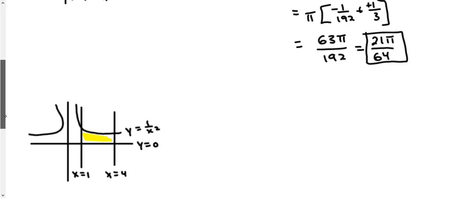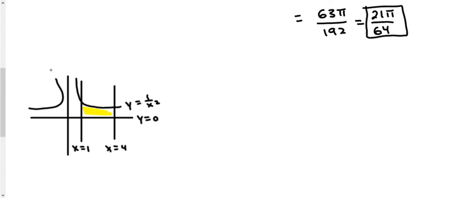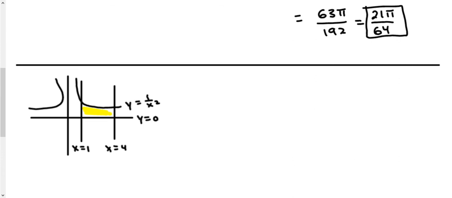Now we're going to do it about the y-axis. Okay, so the y-axis is a vertical axis. So first thing I'm thinking to myself, I'm going about a y-axis. Could I do this with the shell method? Make stuff easier on myself. So everything's already in terms of x. And the answer is yes.